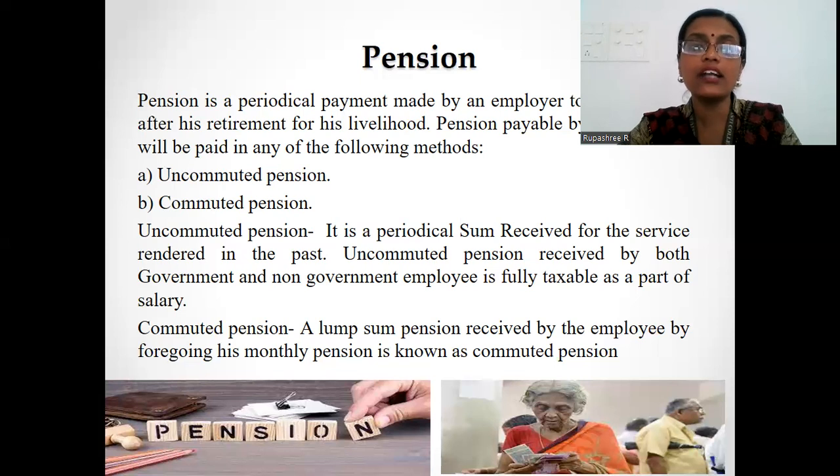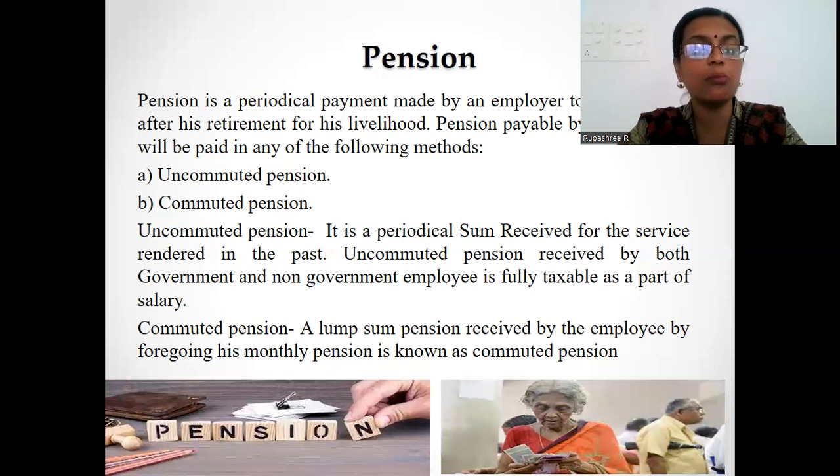So, the pension that you receive on a regular basis throughout the year is called uncommuted pension.